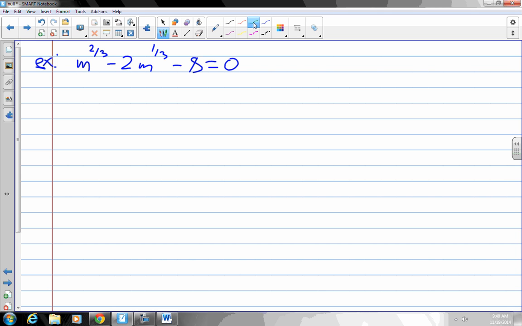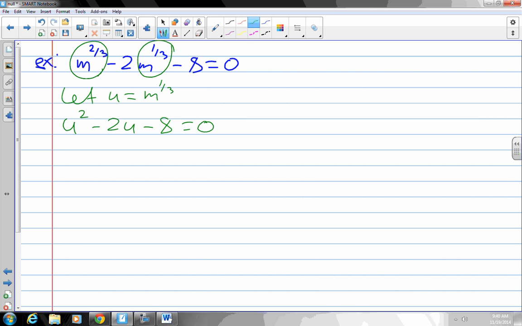If I square m to the power 1/3, I will get m to the power 2/3. Right? That's the pattern. So it has that quadratic pattern, so I can let u equal m to the power 1/3. That'll be my substitution here. And then the equation becomes u squared minus 2u minus 8 equals 0. Which is, again, a very friendly, normal quadratic that we can factor without any issues.